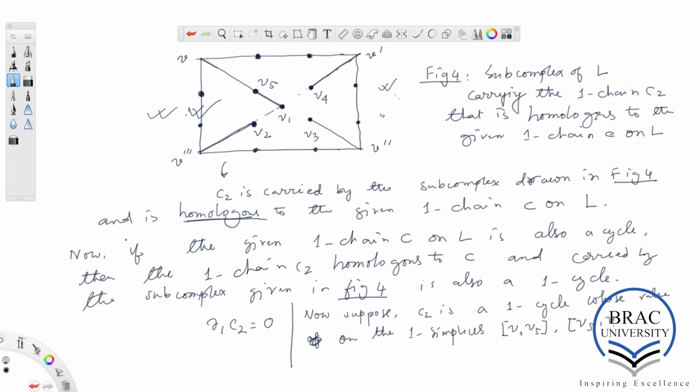V5 to V1, V prime to V4, V double prime to V3, and V triple prime to V2.